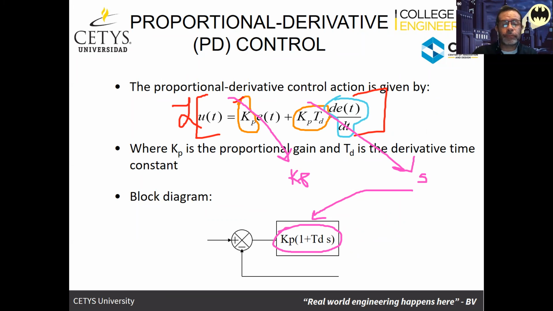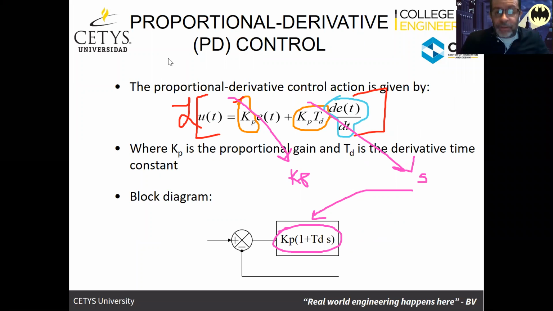This is one representation of the ideal derivative control. We can actually reconfigure this in another way, but actually what's happening with a proportional derivative control is that in the same way in which in a proportional integral control we are adding an S in the denominator, an S at 0 or a pole at 0, we're adding poles to the root locus.